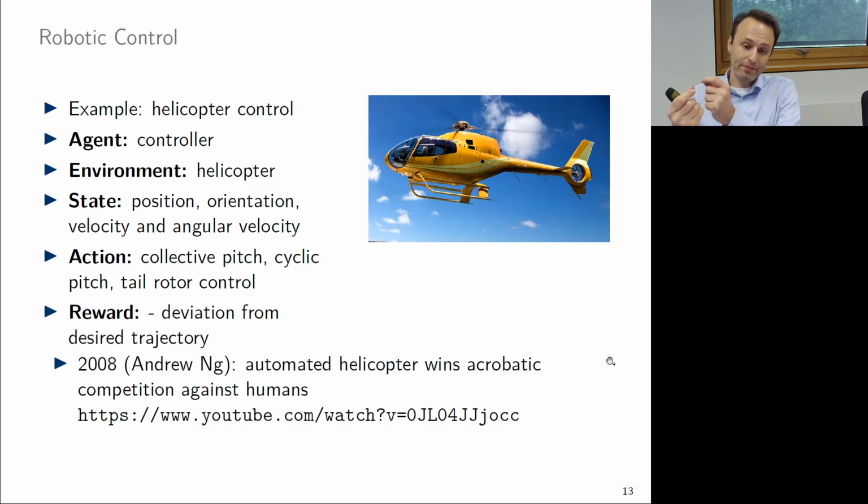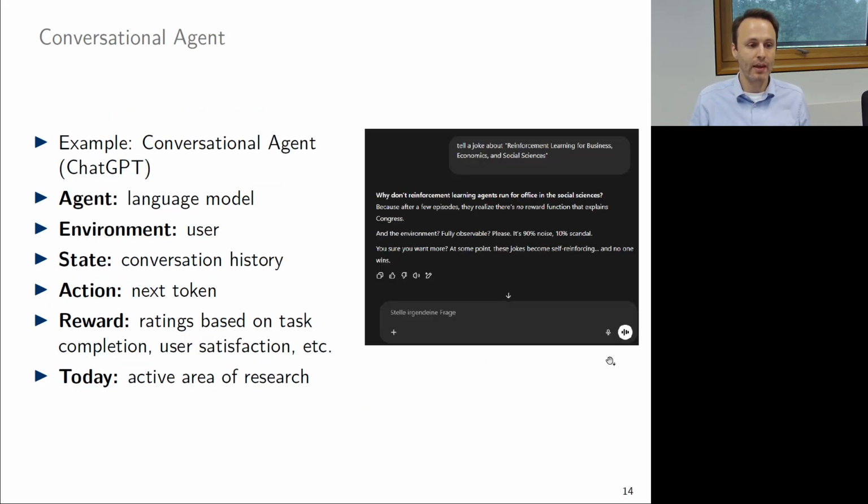And if you deviate from it, you get a penalty. So the rewards are the negative deviations from the desired trajectory. And here also there was a breakthrough from a Stanford researcher that actually won against humans in a competition.